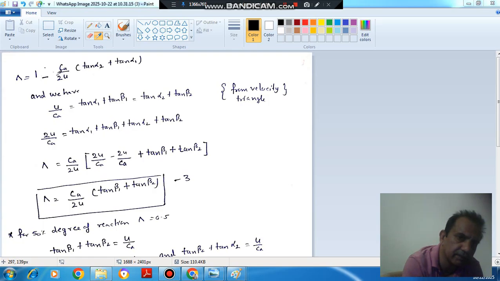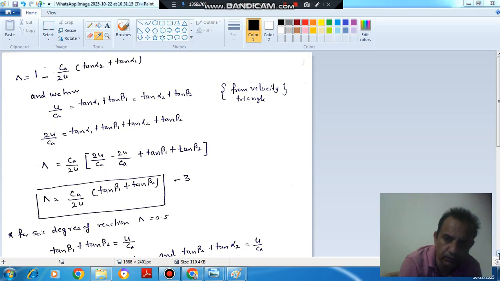So minus is already there, and Ca by 2U we have taken common. So the final expression for degree of reaction will be Ca by 2U times (tangent beta 1 plus tangent beta 2). That is in terms of beta 1 and beta 2, and you need to remember this.